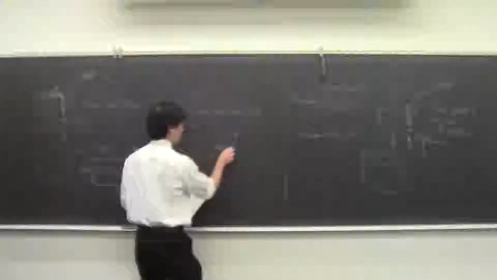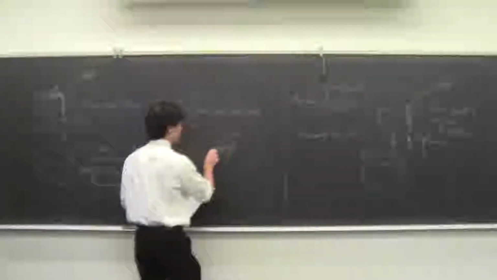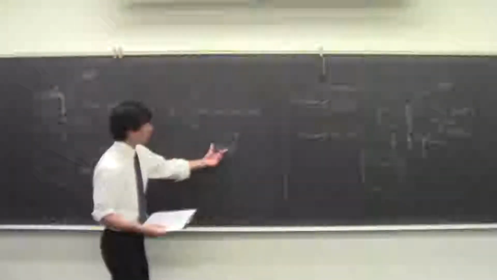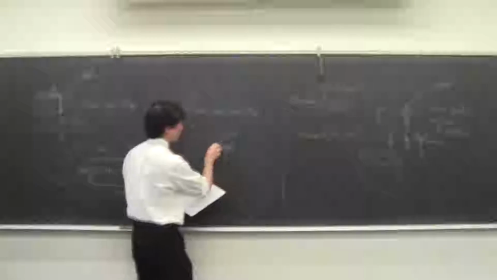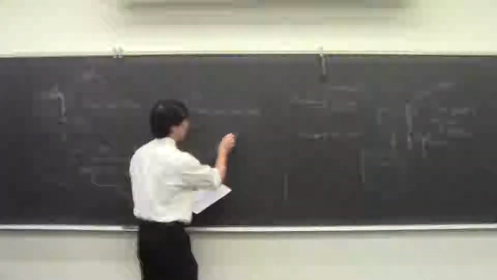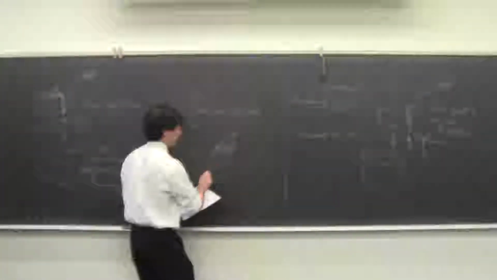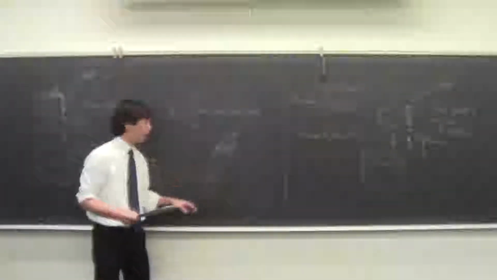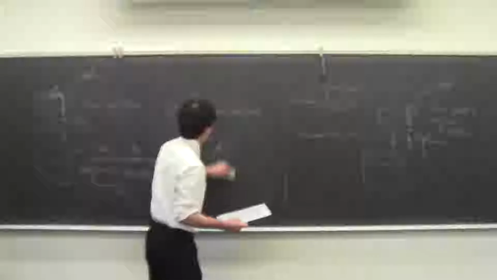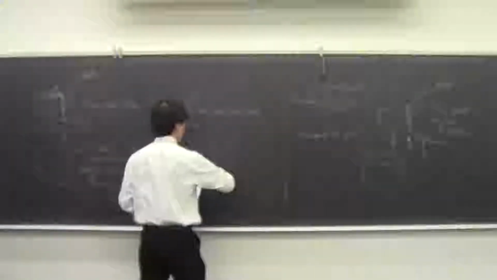You take the thing that you're going to rotate, you break it up like this, and then you rotate all those things around and you sum them together. Method of shells is very similar to that.